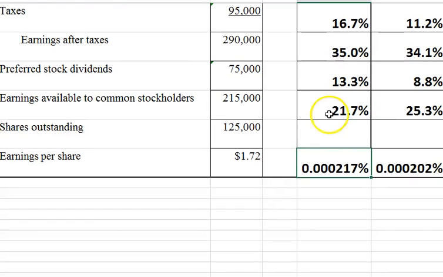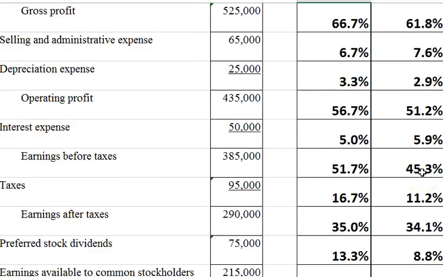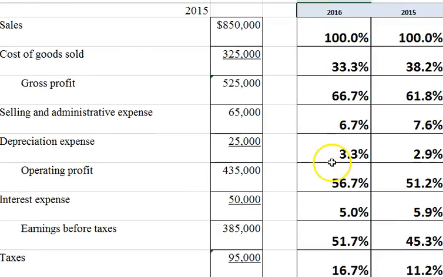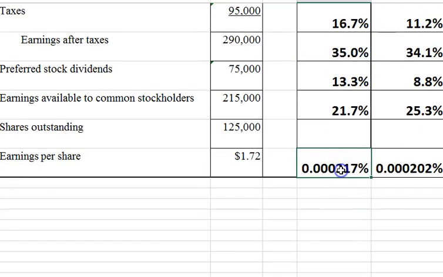So we have earnings per share here: 0.202% in 2015, and here it's 2.127%. So in 2016 we're having a higher percentage of earnings per share than in 2015, and that's a good thing.